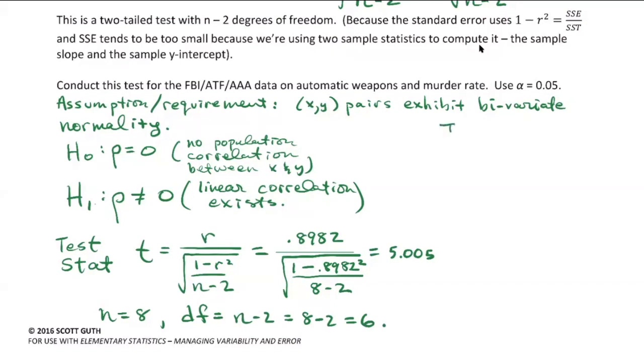So table A3 for t p-values has the degrees of freedom going across the top. So that's going to be 6 degrees of freedom. And then our t statistic goes down, and you just have to look up 5.0.